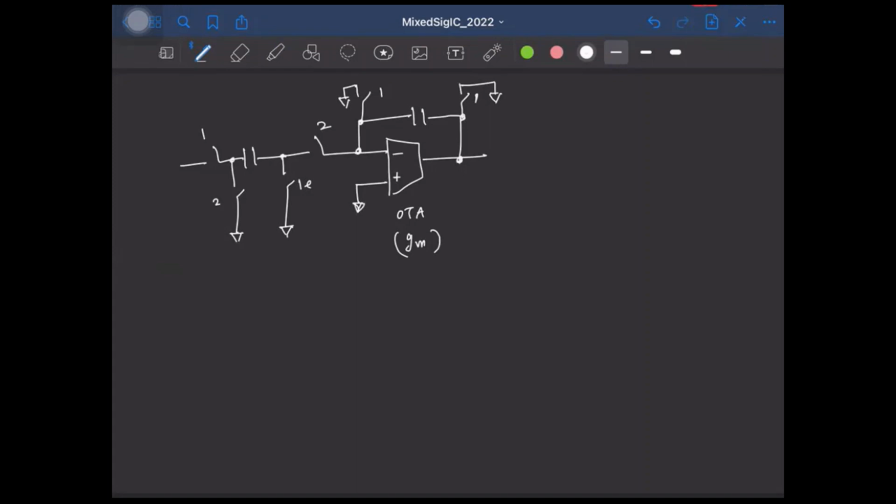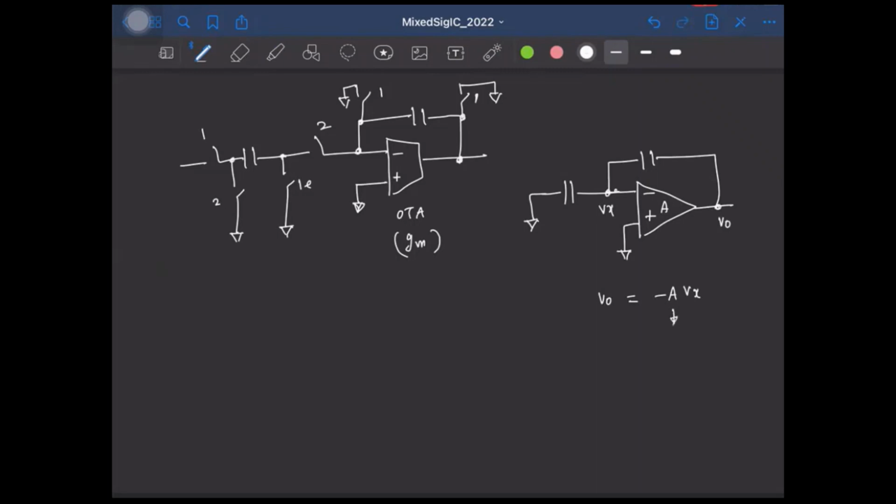So when you have the OpAmp, which is a voltage controlled voltage source, during the phase phi 2, you will have the equivalent circuit like this. You'll have the capacitor C here and the F here, right?